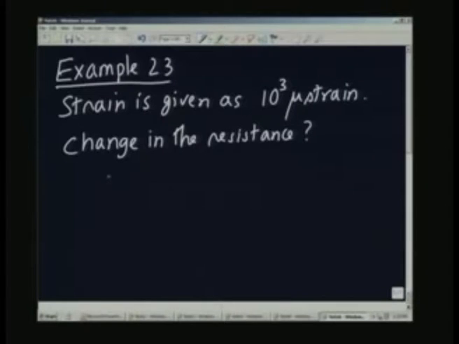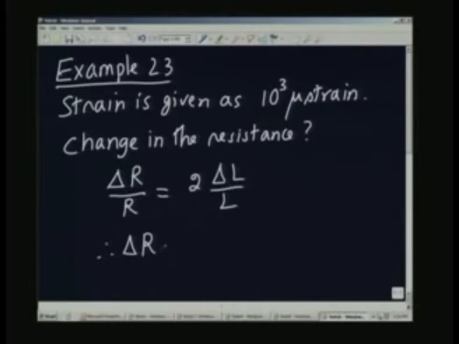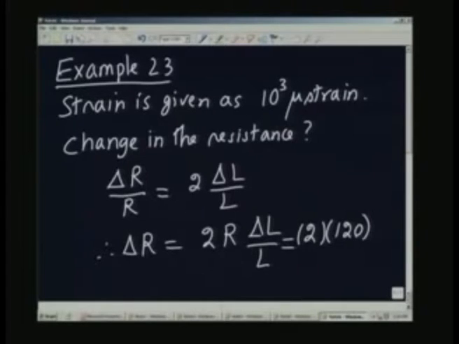If you remember, from the strain gauge theory, delta R by R is nothing but 2 times delta L by L. The 2 is the gauge factor, and therefore, I can say that delta R equals 2 into R delta L by L, which is 2 into 120 ohms, and delta L by L is 10 to the power of 3 microstrain, which will be 10 to the power of 3 into 10 to the power of minus 6.